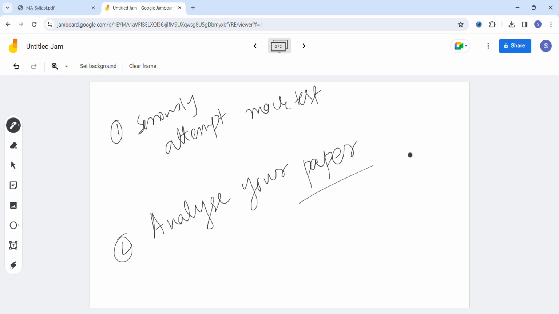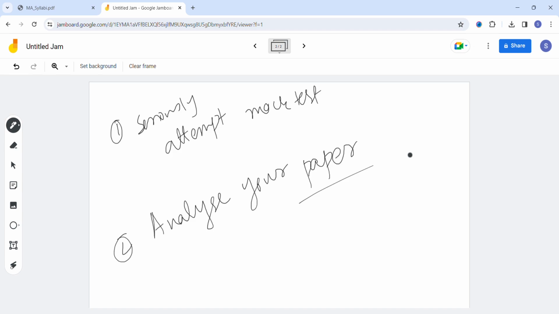Analyze the whole paper, not only the problems you could not solve. You should see all the questions very properly. Even if you solved correctly during the exam, you should focus on those problems too.